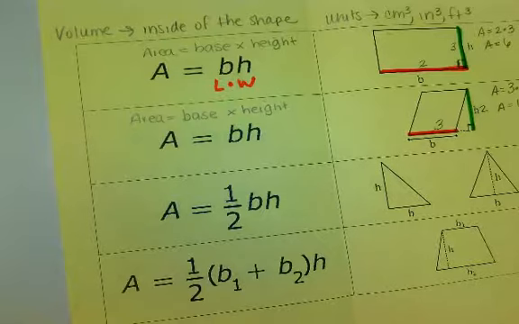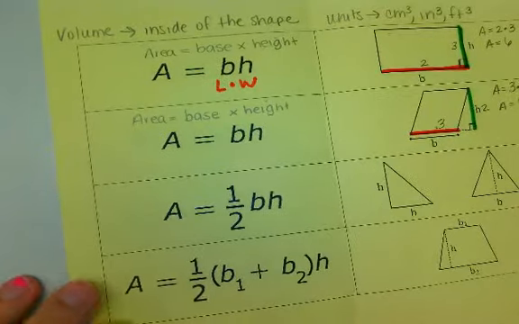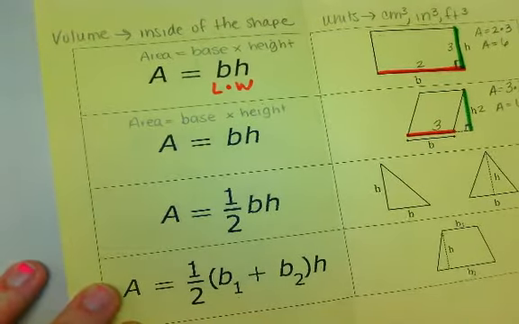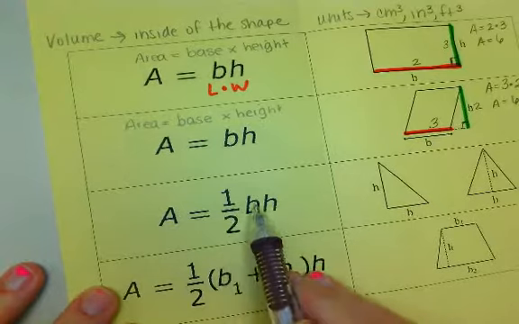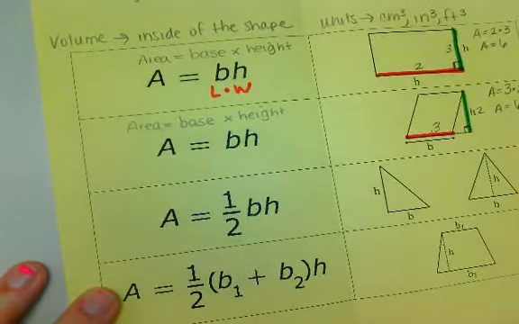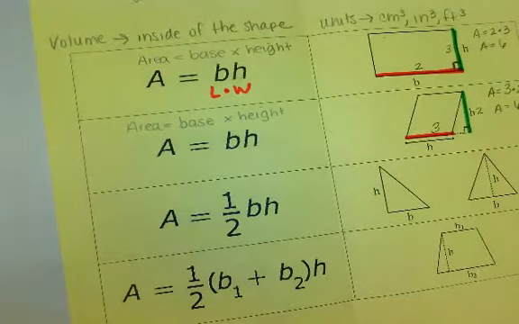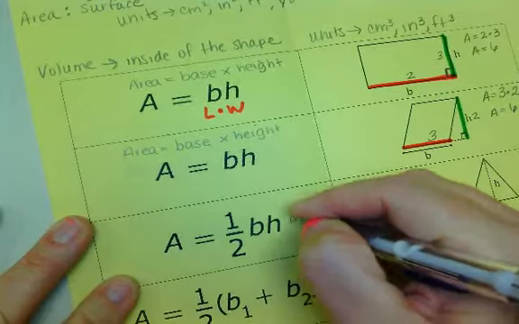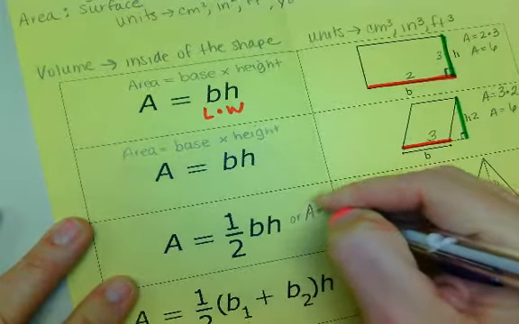There's several ways you can do this. If you have a calculator, you can just put the whole thing in your calculator. If you don't, you need to understand that you're going to take half of your base and then multiply it by your height. Or just understand that this is the same thing as this.